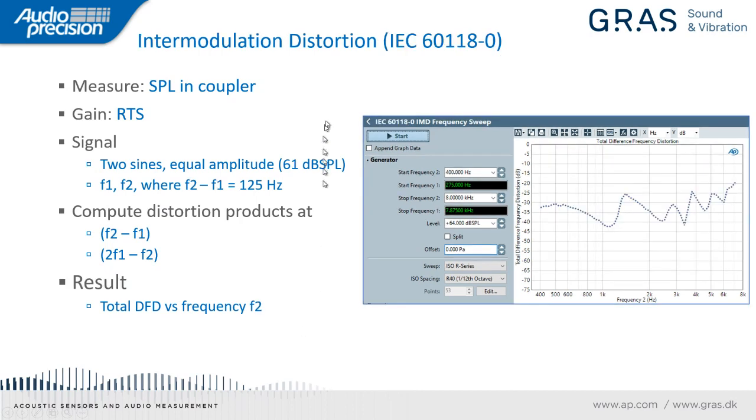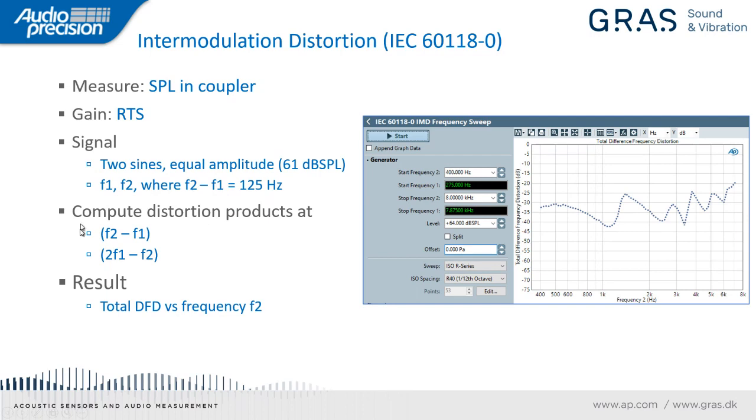As I mentioned, there's an IEC 60118 Part 0 version of this. It's called intermodulation distortion, but it's essentially the same thing. The level is slightly different: the two sines are at 61 dBSPL instead of 62. The difference frequency is the same, but in this case F2 is the higher of the two frequencies.